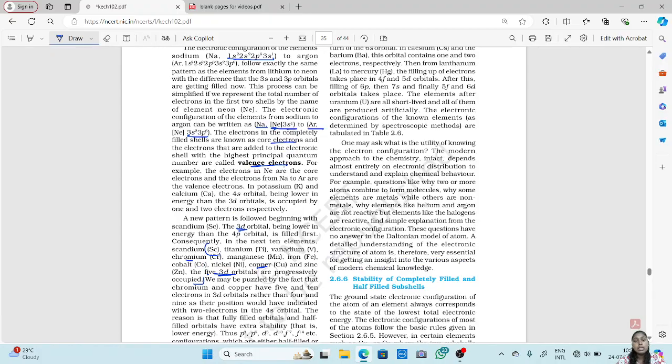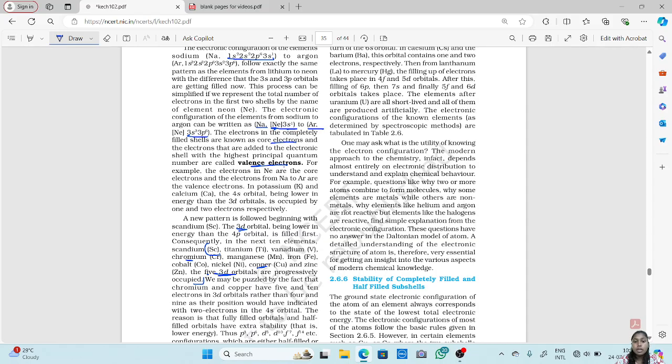Now what is the importance of knowing the electronic configuration? Now I know how to add the electrons and how to write it in an electronic configuration format. Now, what is the use? The modern approach to chemistry depends almost entirely on electronic distribution to understand and explain chemical behavior.